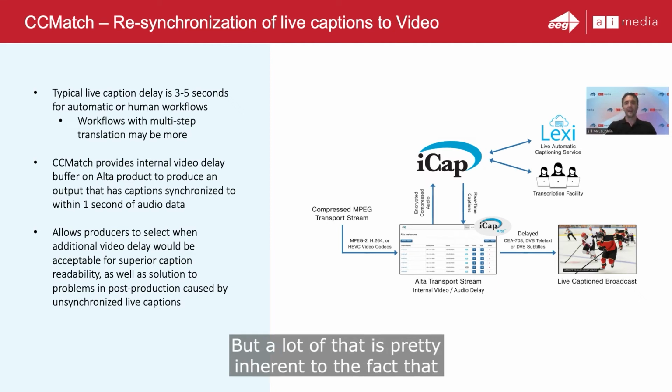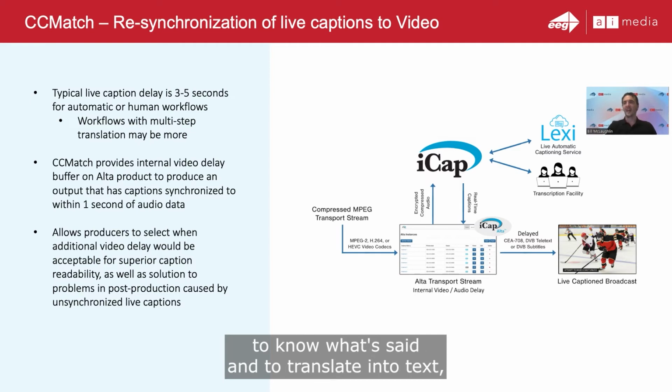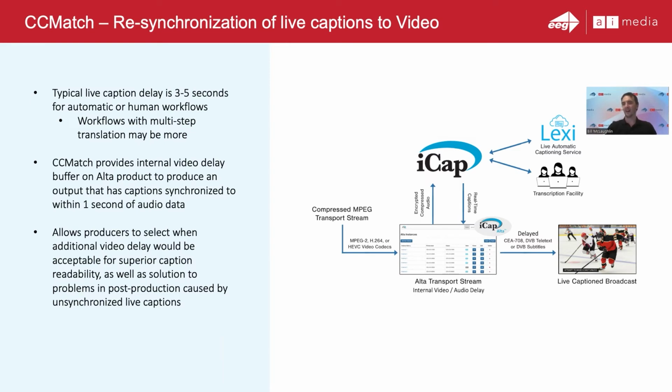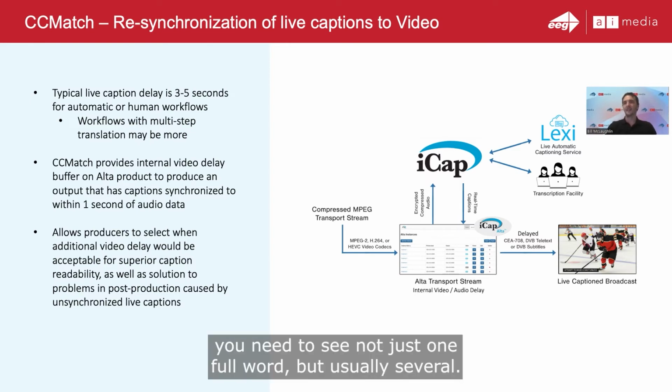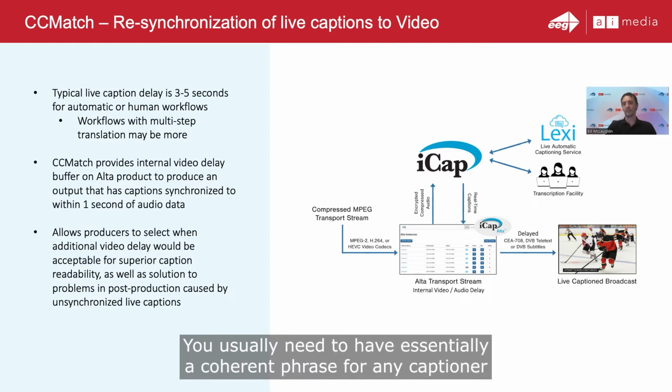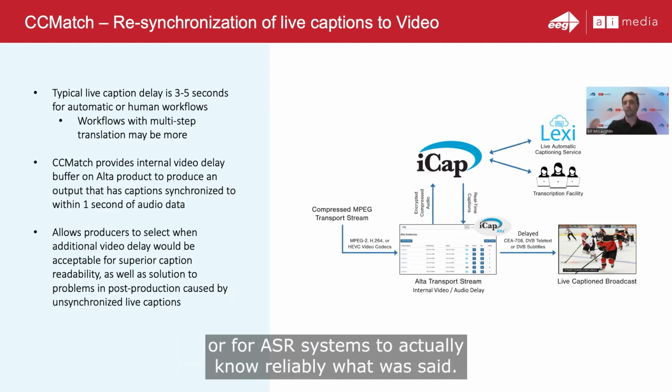But a lot of that is pretty inherent to the fact that to know what's said and to translate it into text, you need to see not just one full word, but usually several. You usually need to have essentially a coherent phrase for any captioner or for ASR systems to actually know reliably what was said.